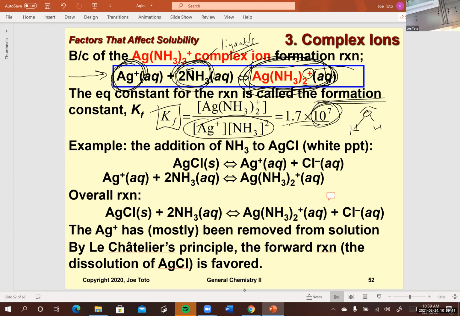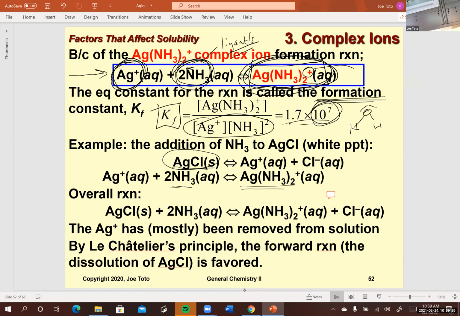And we can use this knowledge to calculate the new solubility of insoluble salts that form complexes with these non-metal ligands, they're called.